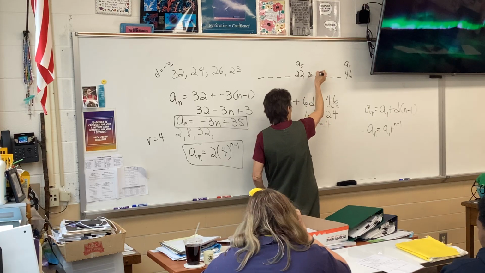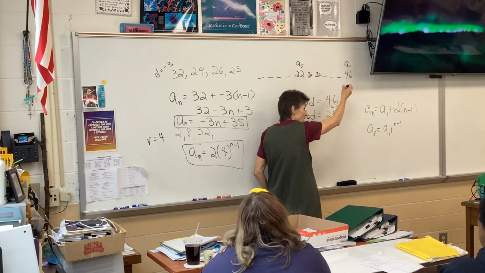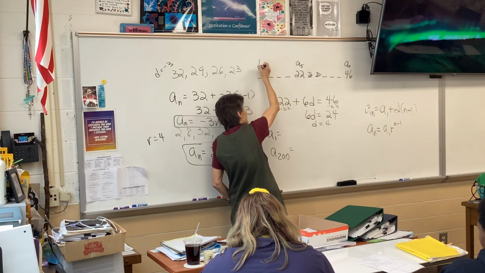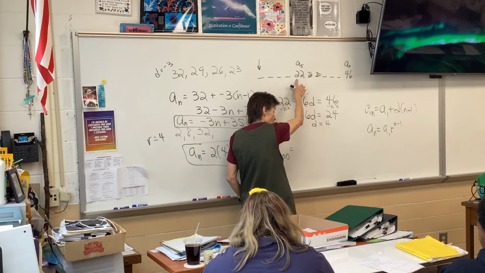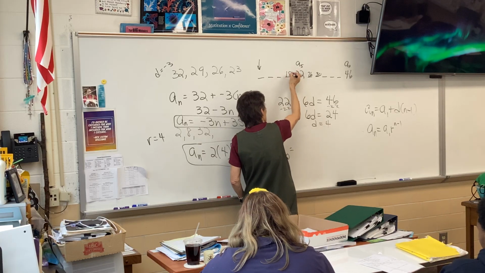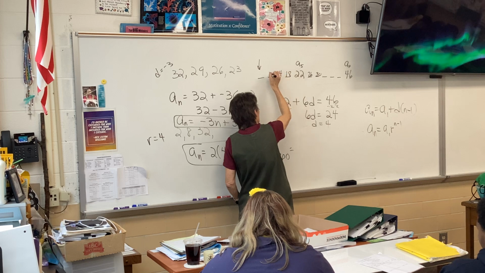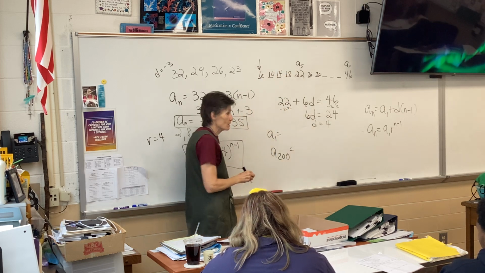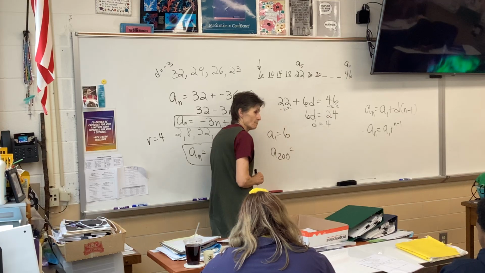This would be 26, and this would be 30. If I need to go this way to get back here, I'm going to subtract 4. So minus 4, minus 4, minus 4, 6. So my first term is 6.